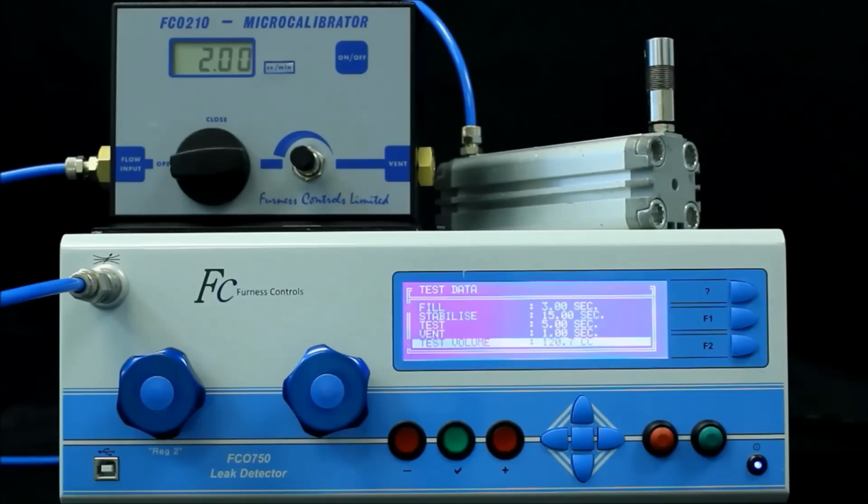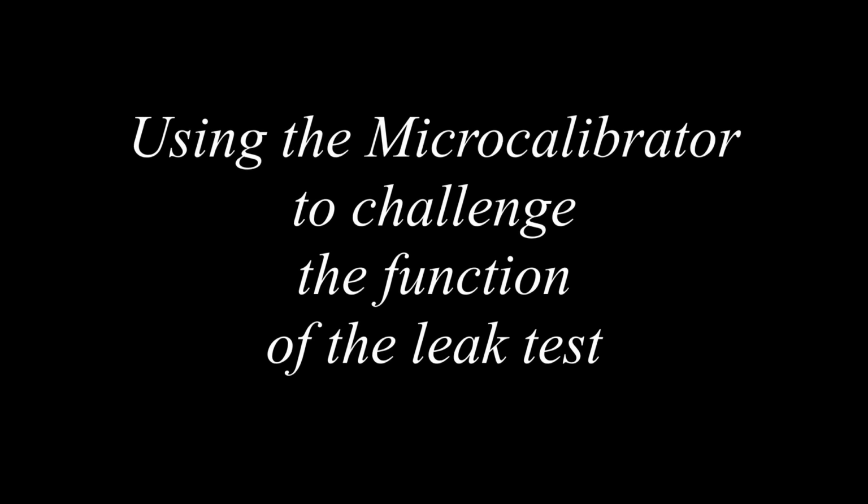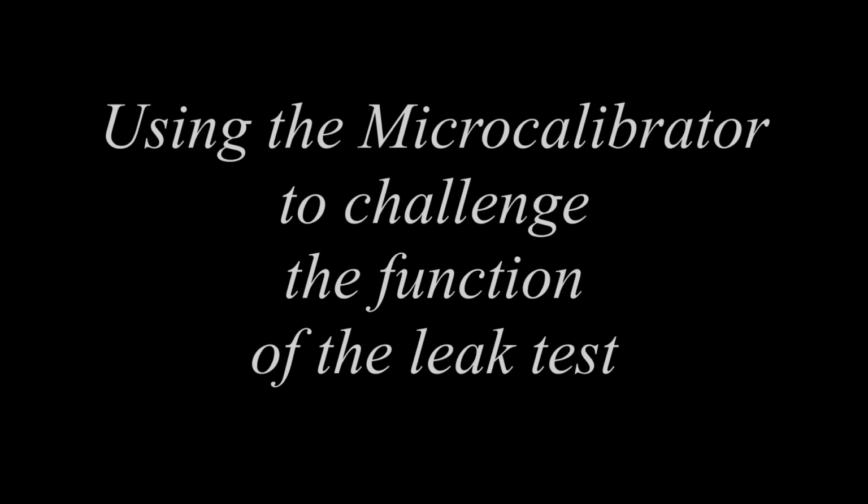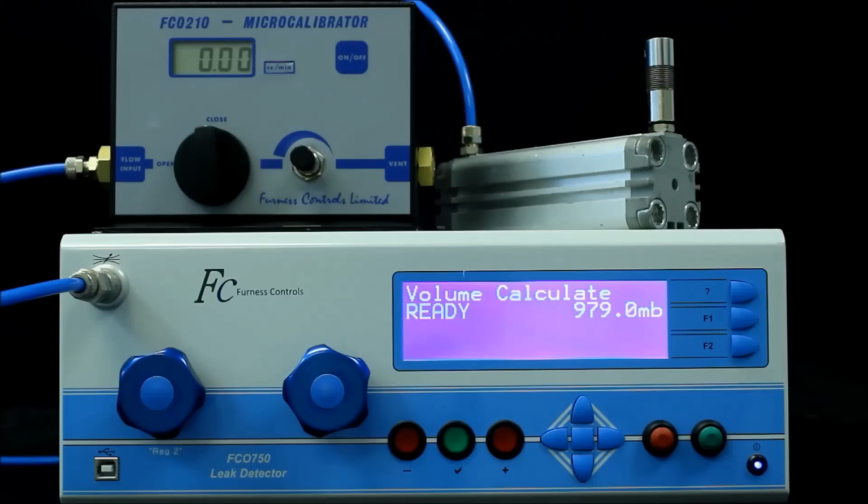I can disengage the micro calibrator and I can start to use my instrument now to test production parts. Because I know that my test is set up correctly and my volume is now correct for the test that I'm doing, I can use my micro calibrator and a known good piece to test the functionality.